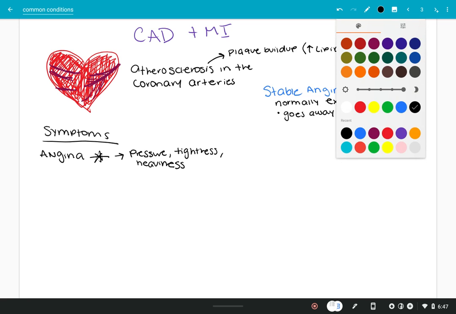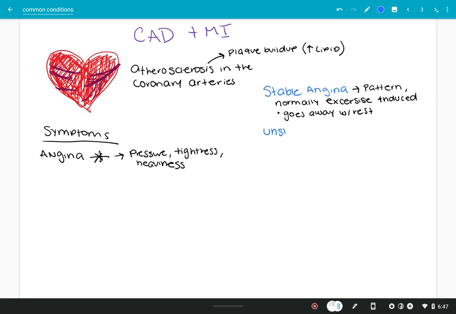Okay, now we're going to do unstable angina. That's the second. So 1 is stable, 2 is unstable angina. And that one does not follow an expected pattern. It does not go away with rest. And it lasts for more than 20 minutes.